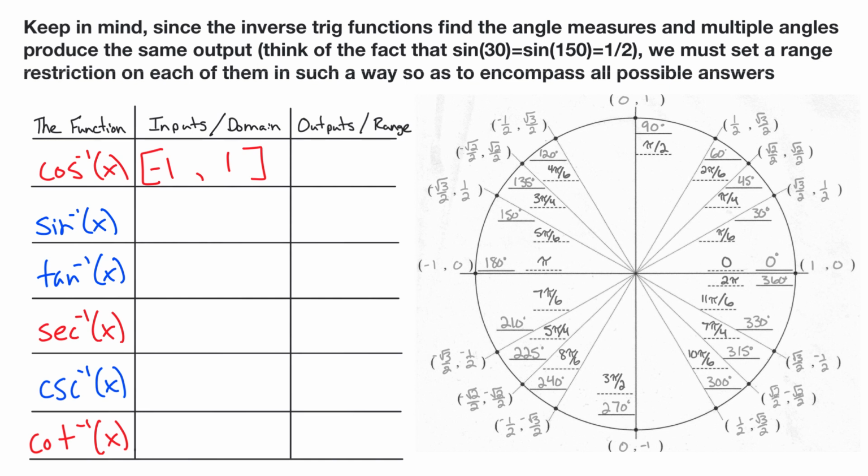For sine inverse, the same thing, but we're talking about the y values. The smallest y value that sine can take on is all the way down here at -1. The biggest it can get is all the way to the top at +1. So it has the same domain restriction. But now's where we get to something a little bit more wonky.